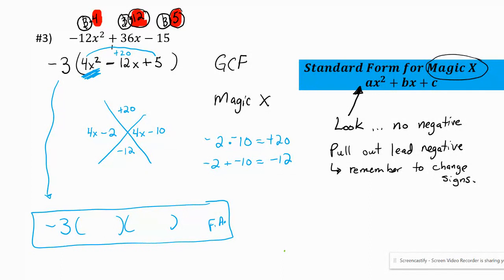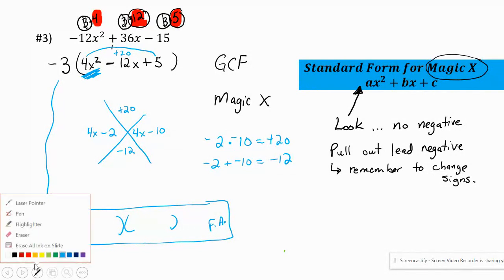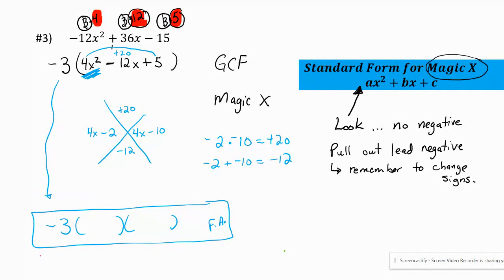So 2 times 10 is 20, 2 and 10 make 12. And then we're just going to divide out. So we're going to divide out a total of 4. I'm going to divide 2 on this side and 2 on that side. That totals up to the 4.